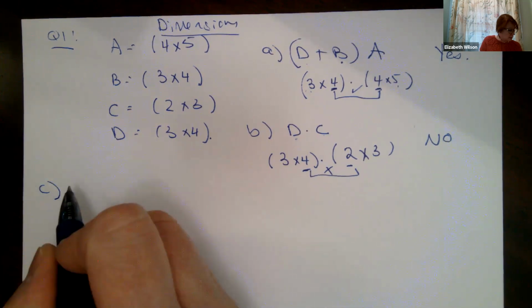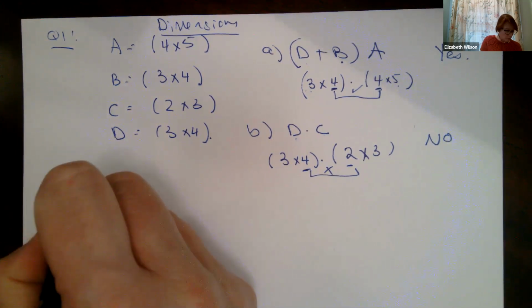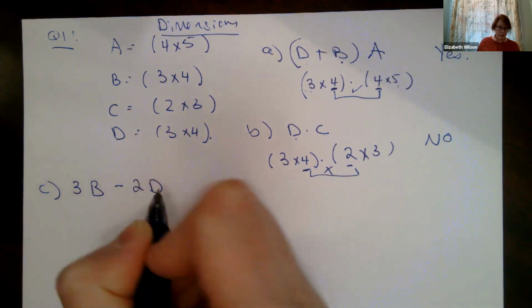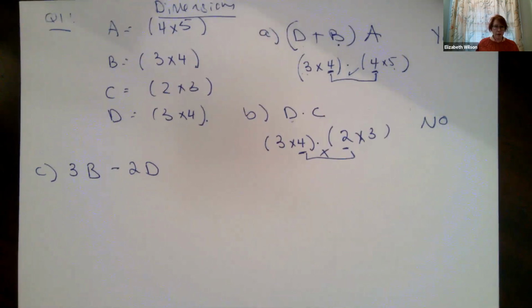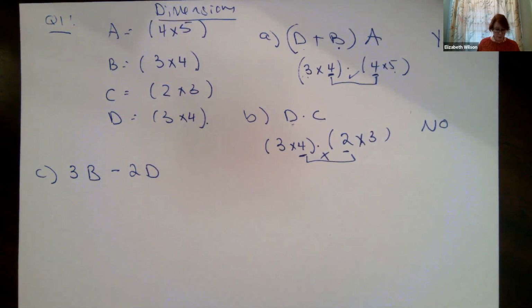Part C says 3 times B minus 2 times D. Now this is a trick question. I saw some people get this part wrong.